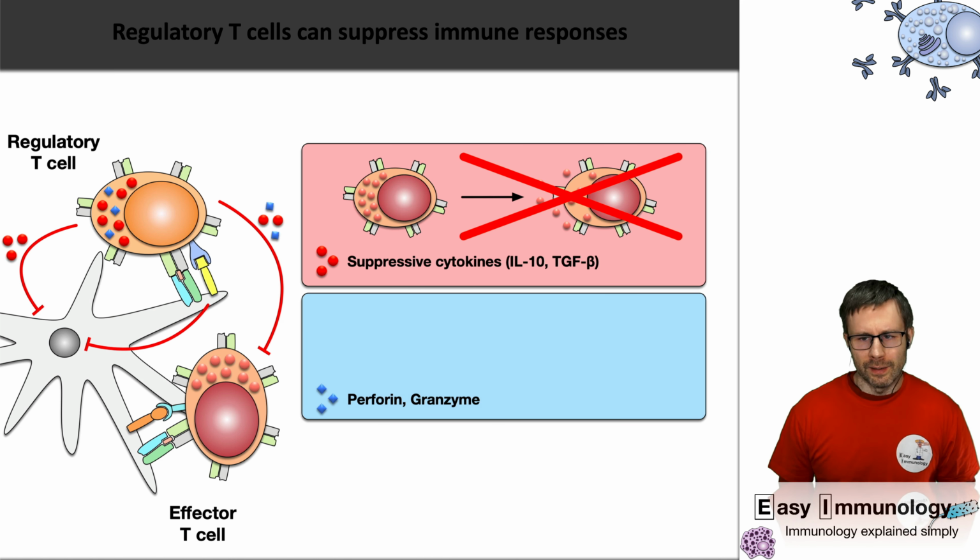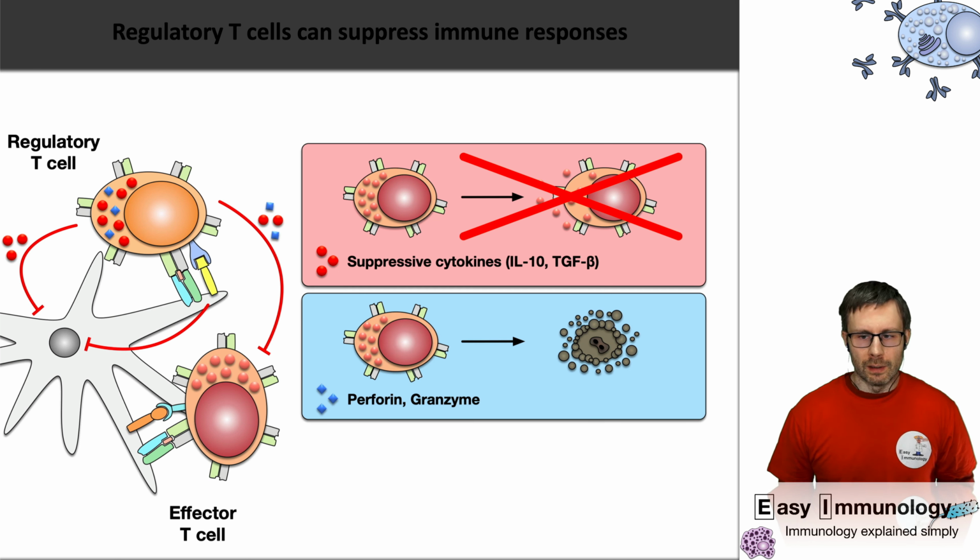Then we have another set of soluble molecules. So the regulatory T cells can also produce perforin and granzyme, and as we just learned, this will lead the T cell that gets confronted with these molecules to undergo apoptosis. So then the cell is not there, and this is the difference.